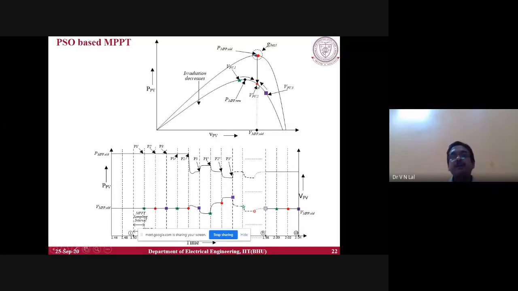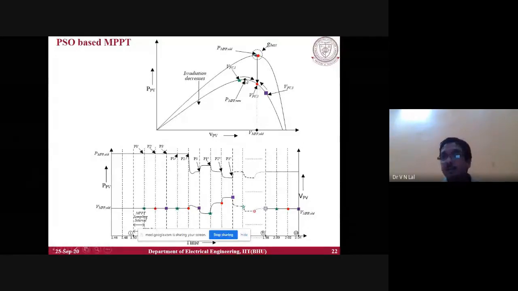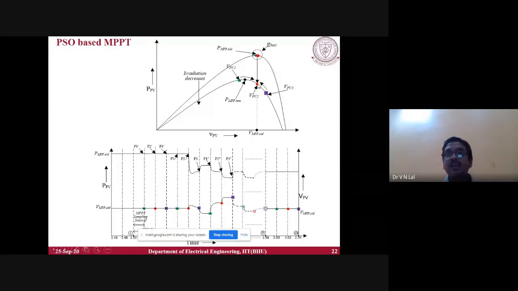Because power will be compared, obviously. So reinitialization is done. So three particles are there. One particle is kept at the previous position, and the two particles are reinitialized. One is decremented; the first particle and third particle are incremented. Now in this figure, the whole process is shown.